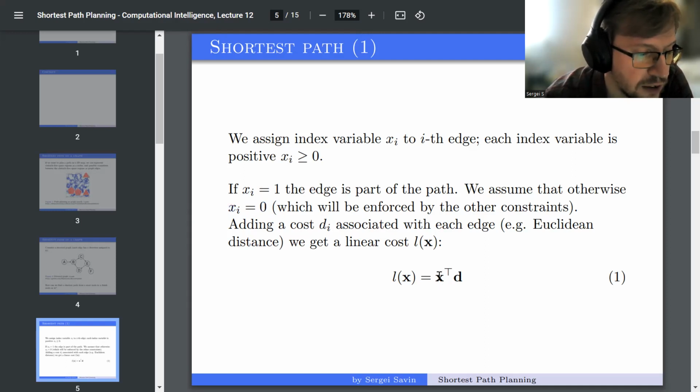So our linear cost would only increase with the edges that are on the path. Okay, so that is how we deal with the cost. Cost is linear, and we expect only the edges that are on the path to contribute to the final cost.